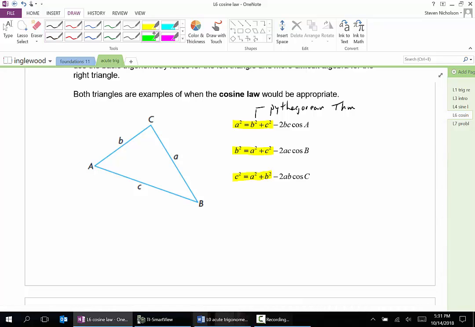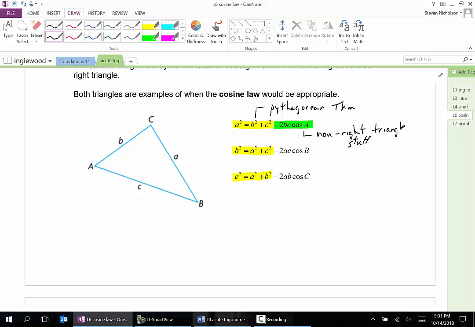So we also have this extra stuff, adding on to the Pythagorean theorem, for the non-right triangle cases. If we have an angle that is less than 90 degrees or greater than 90 degrees, it's this extra part of the formula that counteracts that and allows us to solve the equation.